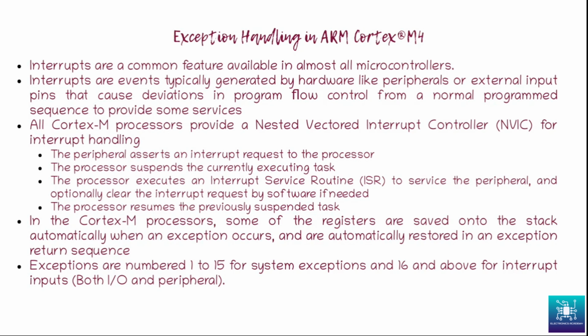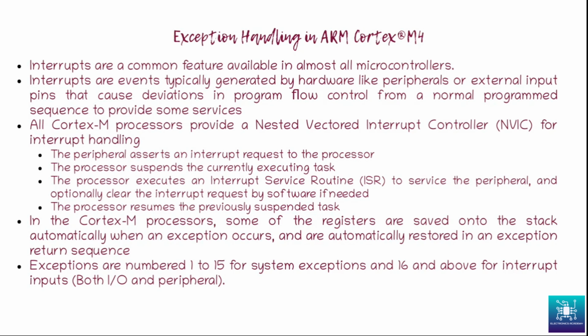And exceptions, again, the exception numbering in Cortex-M4 is a bit strange. We'll see that because you can see the exceptions in different lights. For example, exceptions are numbered from 1 to 15, and then the peripheral exception number starts from 16.